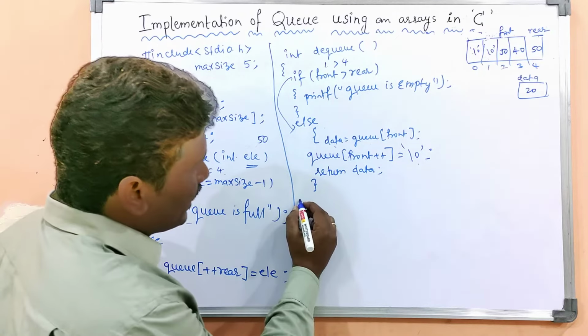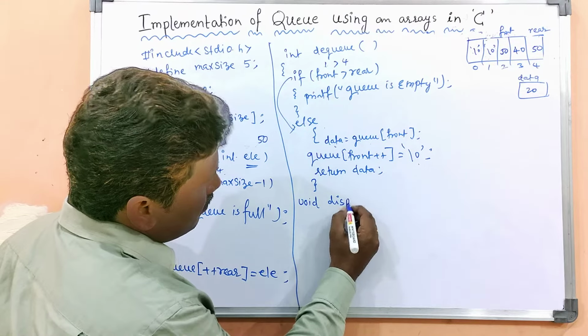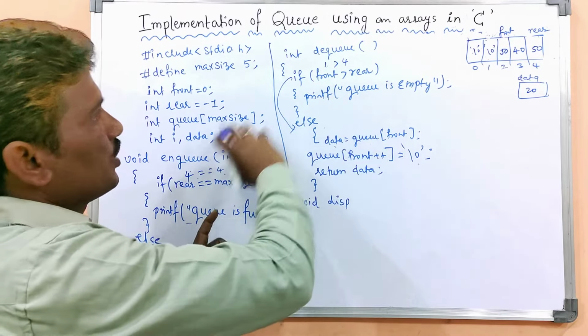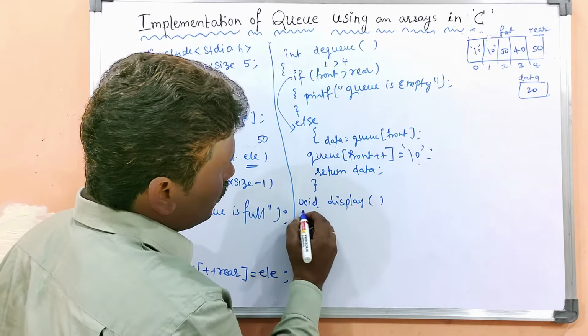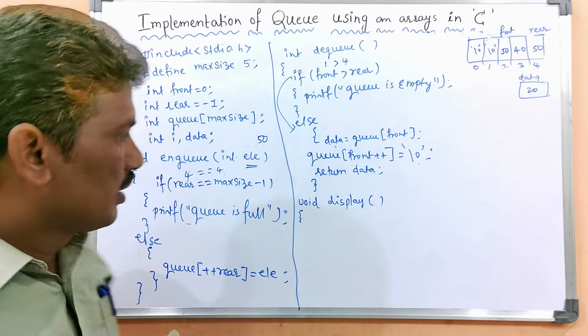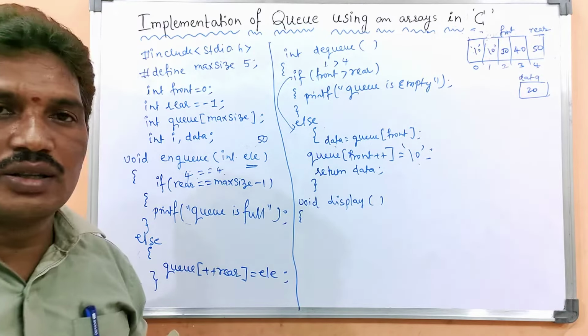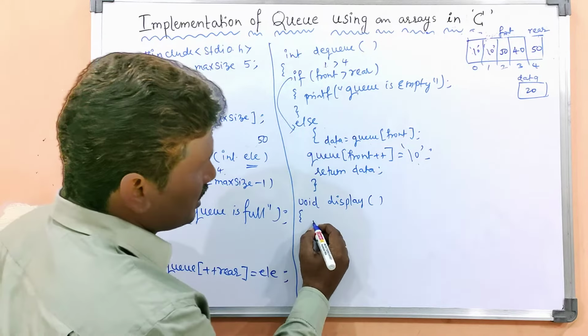Then after that, the display. Okay, this is enqueue, this is dequeue operation. While you call display, you display from the front to the rear. Again you check the condition: if there are no more elements in the queue, you should display the same message.